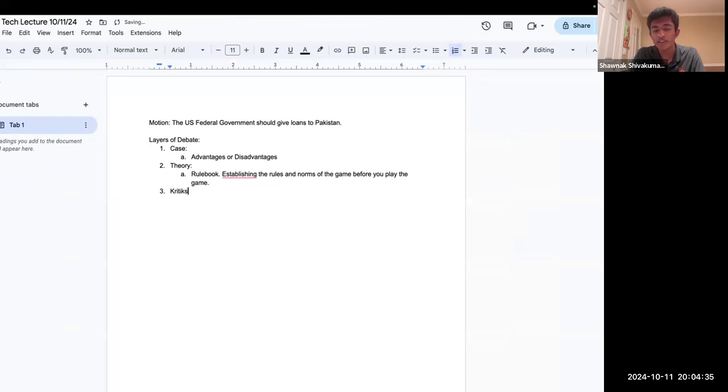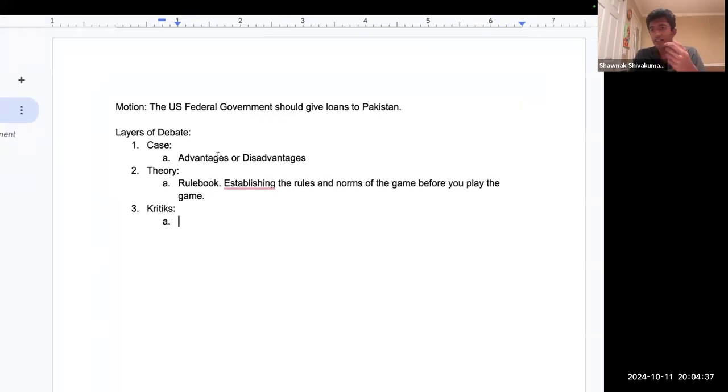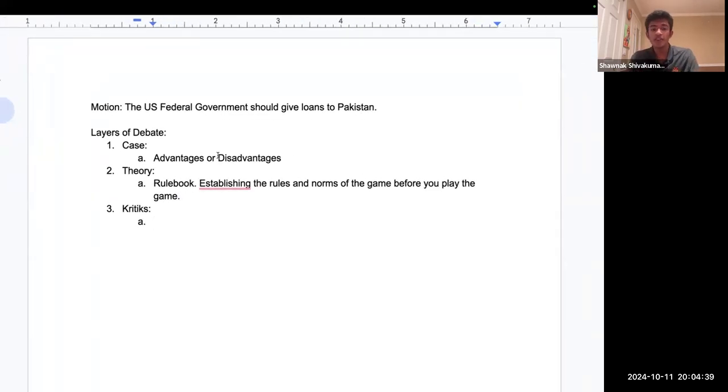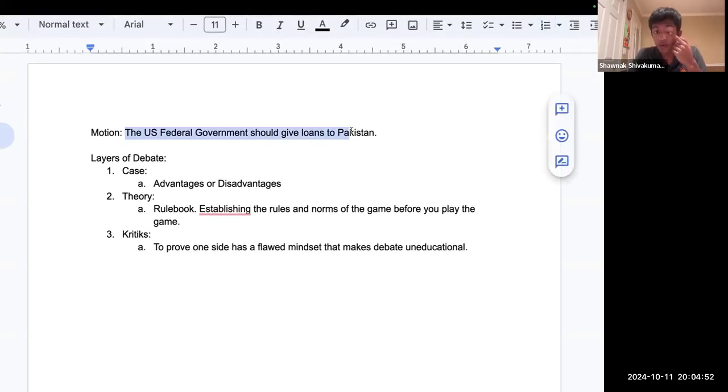Third, we have critiques. This way of approaching the debate is to prove one side has a flawed mindset that makes debate uneducational. For example, in this topic, side negative can argue that by the US giving loans to Pakistan, the US is spreading capitalism and making Pakistan economically dependent on the US.